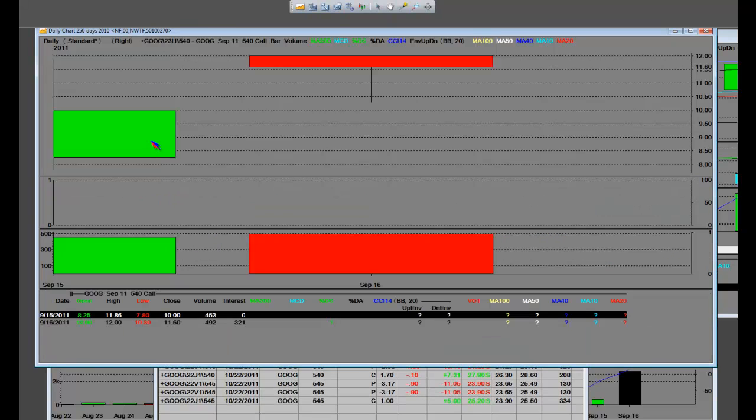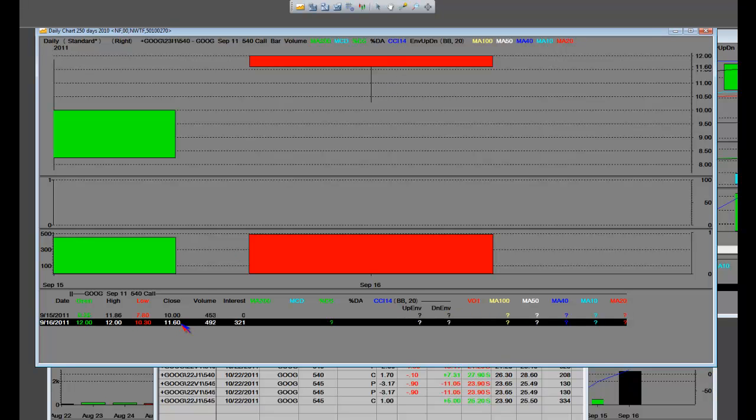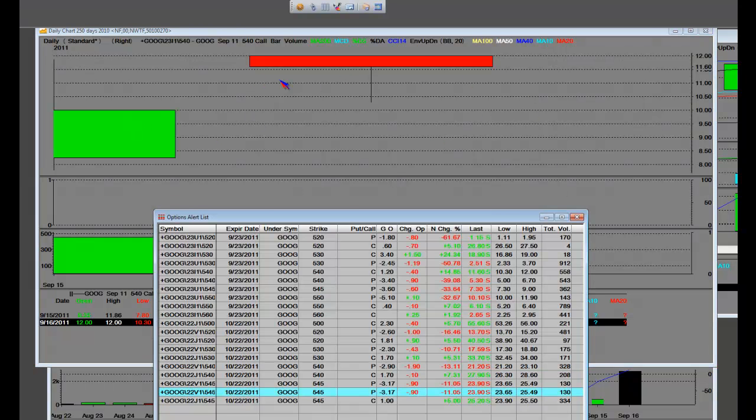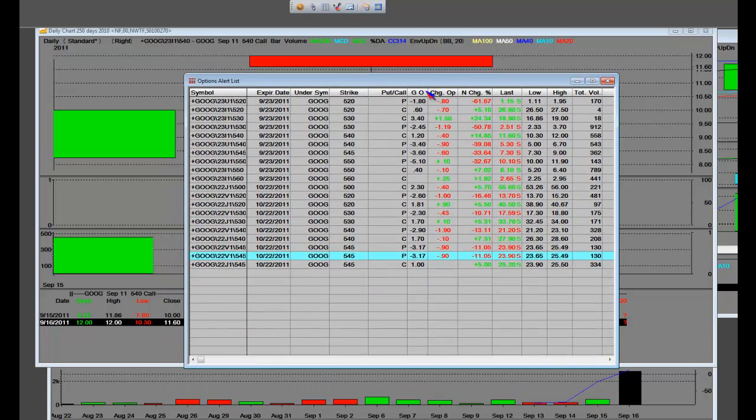It was a great buy over here during that low, $7.80 to the high of $11.86. Now that's the low right here, $10, and it went up. And this is a weekly. They really start printing, and they're really changing time premium for the weekly, and starting tomorrow these will really start to change. And that's the way they look right now. When we get into the live market, we'll be on all of this, every which way.